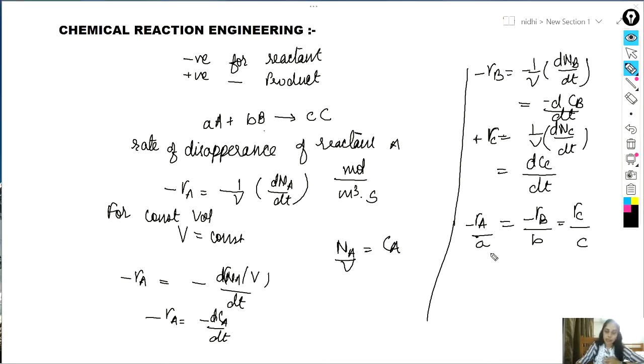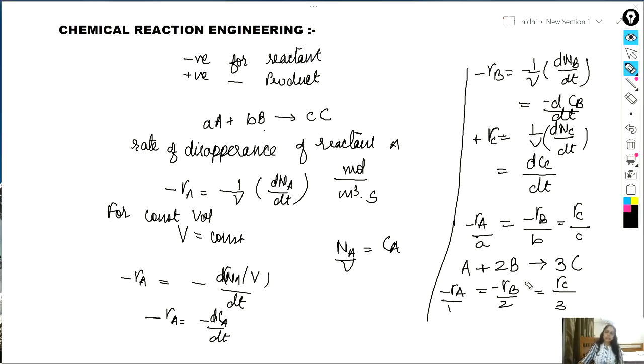And if the stoichiometry of the reaction is known, A plus 2B gives you 3C, then we can write minus RA upon 1, minus RB upon 2, equals RC upon 3. So what it means is the rate of disappearance of reactant B is twice the rate of disappearance of reactant A, and the rate of formation of product C is thrice the rate of disappearance of A, right?